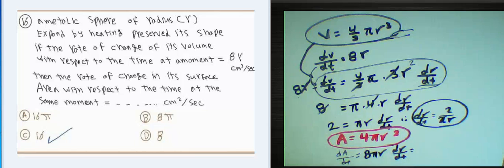Right here, put dr over dt here, and write 8 pi r multiplied by 2 over pi r. Cancel pi r with pi r, then 2 times 8 equals 16. The result will be 16 square centimeters per second. The result will be 16. 2 times 8 equals 16.